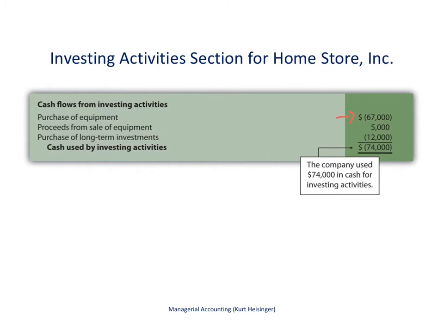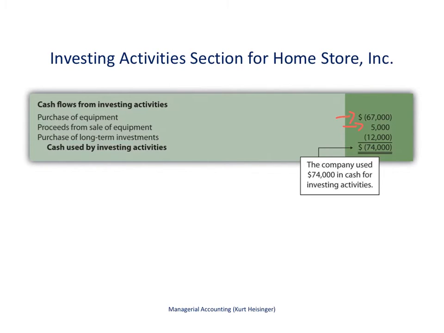We also had proceeds from the sale of equipment, and again, we have to analyze the equipment account in detail to get this information. And we identified that we actually received cash of $5,000 related to the sale of our equipment. So we paid $67,000 for some equipment that we purchased, and we received $5,000 for some equipment that we sold.